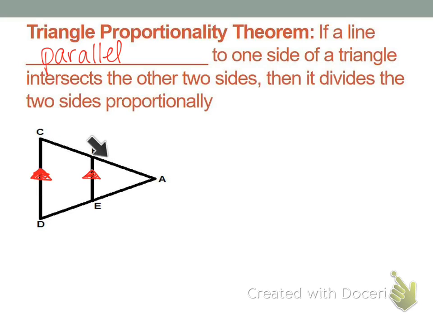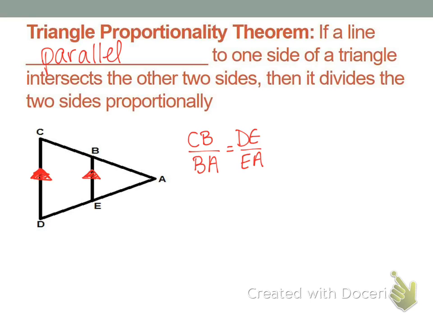And it intersects the other sides, AC and AD, of that triangle. Because of that, it divides the sides proportionally, meaning that if we compare the two pieces that it creates on top, so CB compared to BA, that ratio is equal to DE compared to EA. Of course, from this, we could come up with other equivalent proportions. But this is the basis of it.